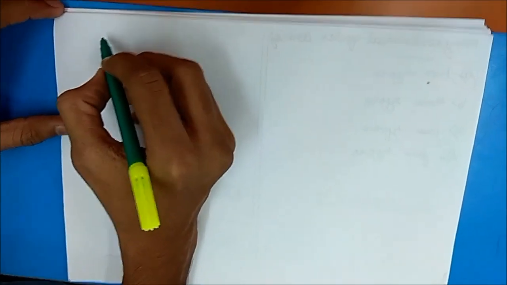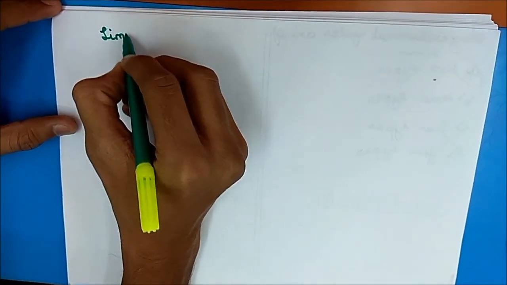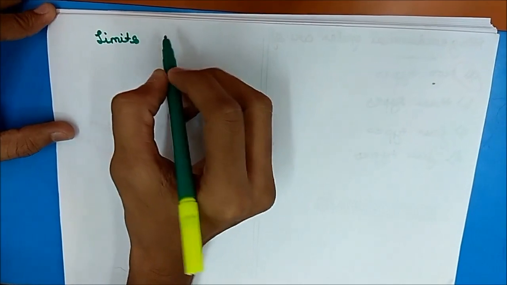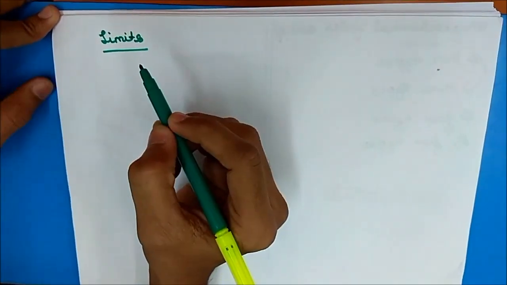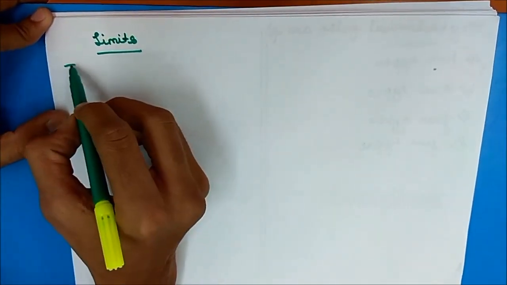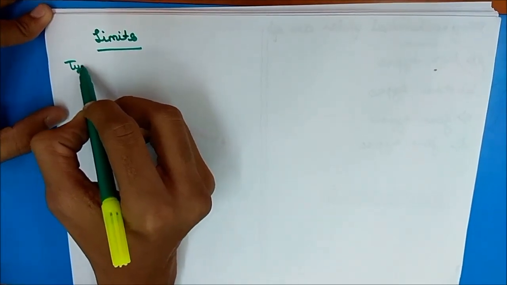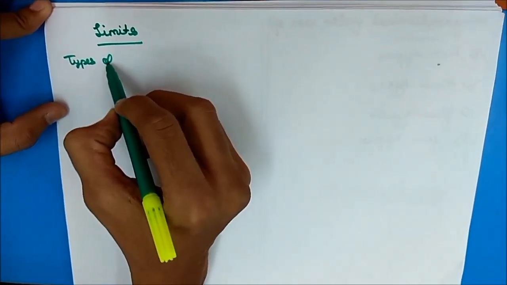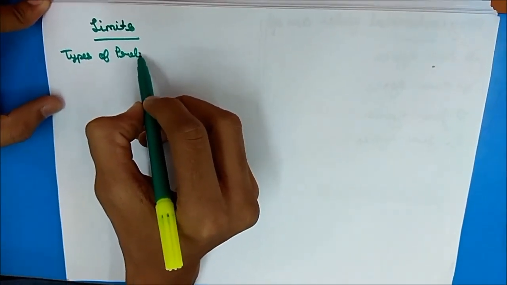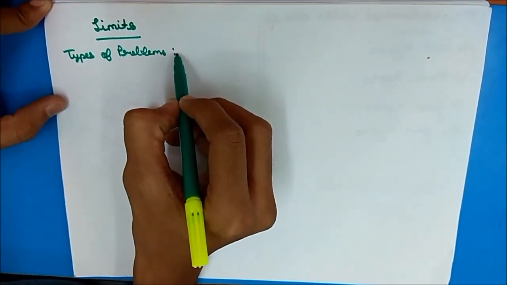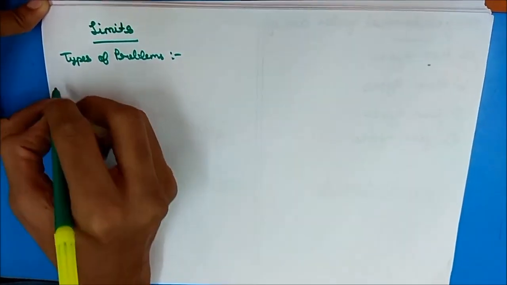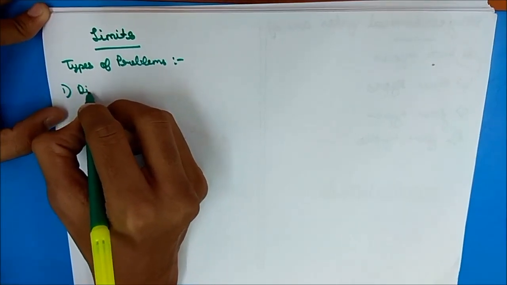Today we are going to study about limits. And the types of problem that we are going to see in this chapter are as follows. One, direct method.